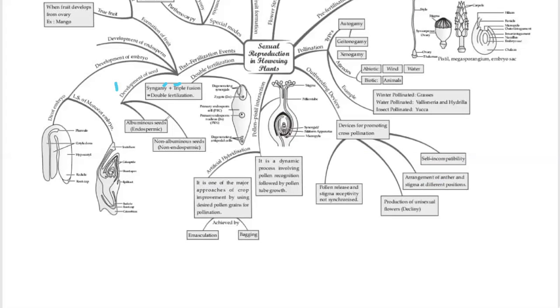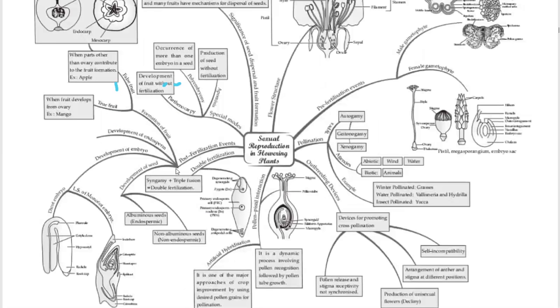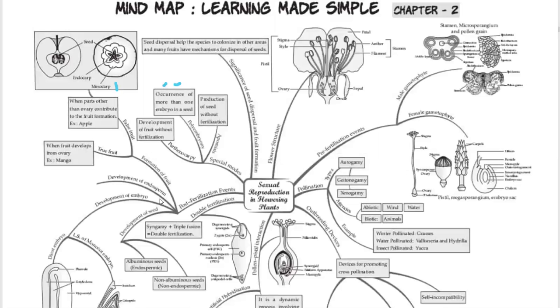Seeds can be of two types, albuminous and non-albuminous. Endospermic seeds are known as albuminous seeds, whereas non-endospermic seeds are known as non-albuminous seeds. Then development of embryo can be of two types, one in dicot and second in monocot. Then development of endosperm also takes place.